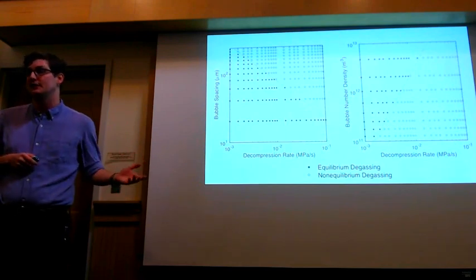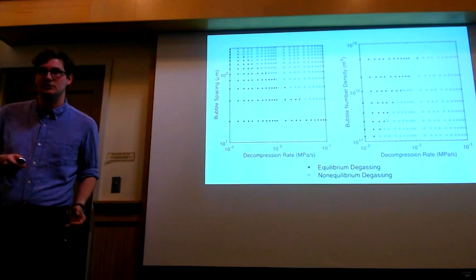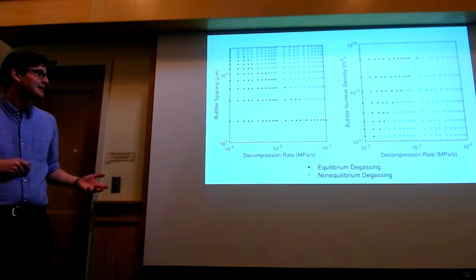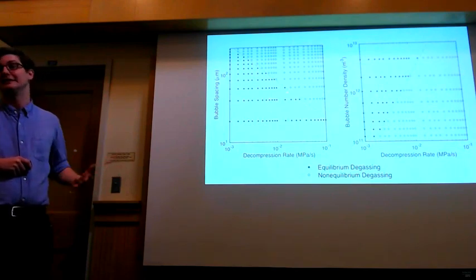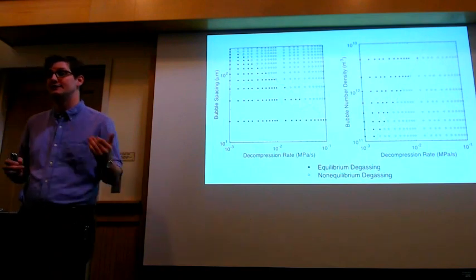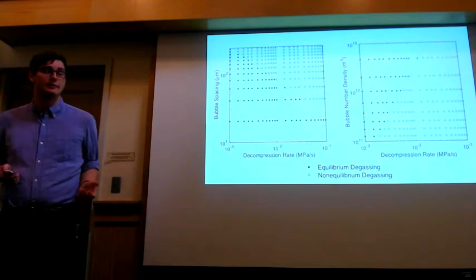And you'll transition from a non-equilibrium degassing regime to an equilibrium degassing regime. Alternatively, you can imagine that you start in equilibrium, and maybe you start to nucleate more bubbles, which reduces the spacing, but that really speeds your magma up, and it pushes you over to the right, and so you transition from equilibrium degassing to non-equilibrium degassing.